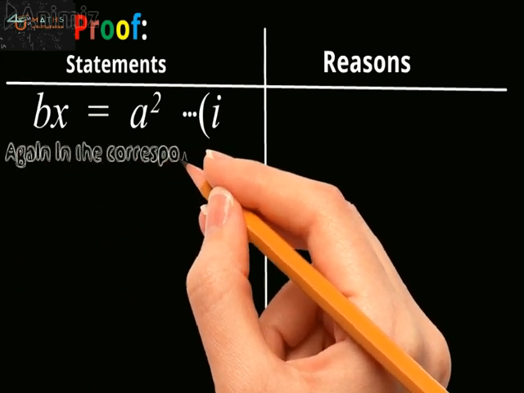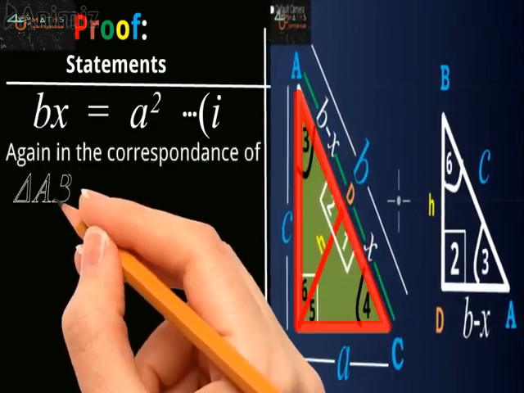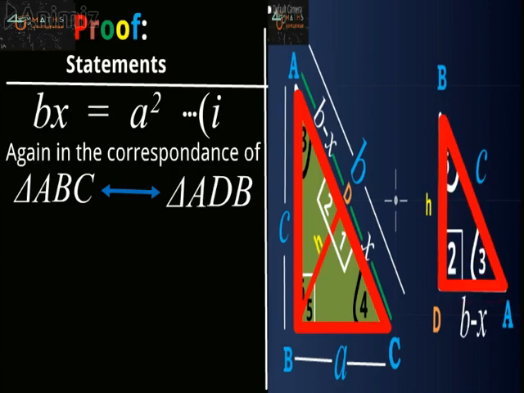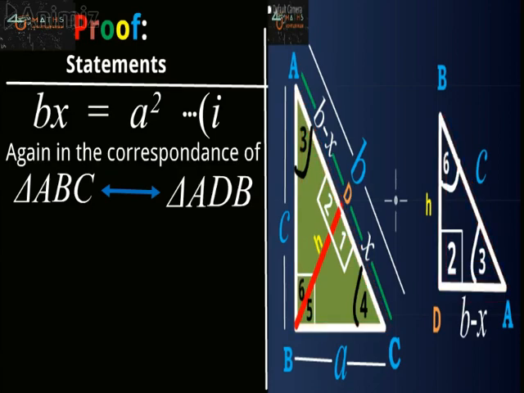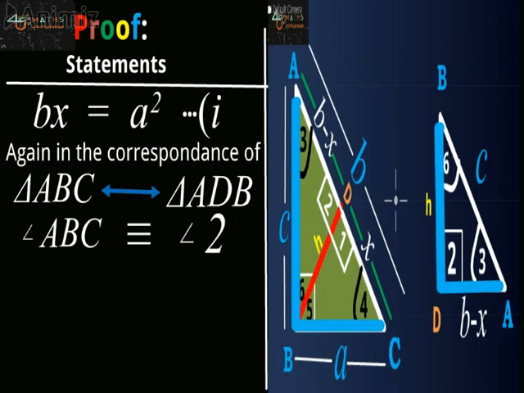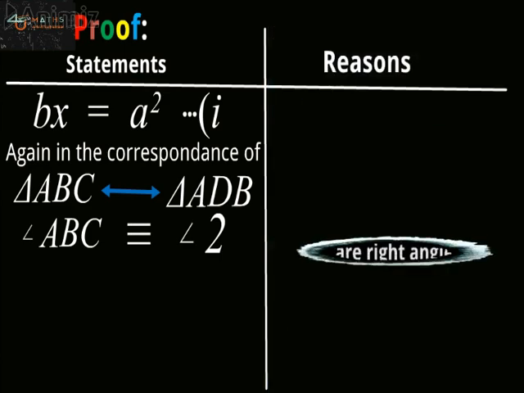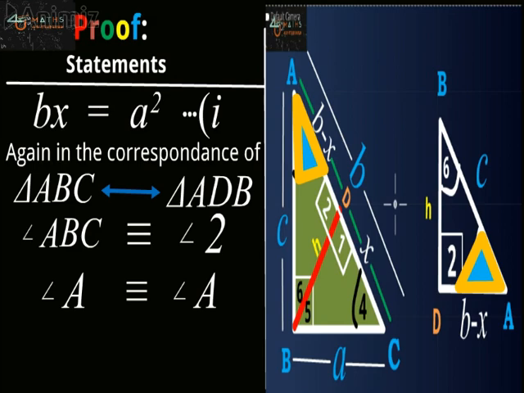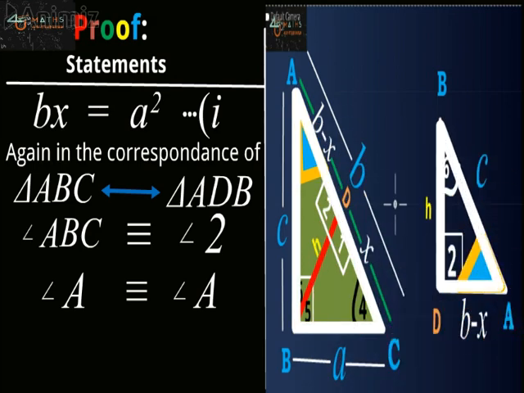Now again consider the correspondence of triangle ABC with triangle ADB. Here we see that angle ABC is congruent to angle 2. The reason is both are right angles. Also, angle A is congruent to angle A. They are self-congruent, or common to both the triangles.